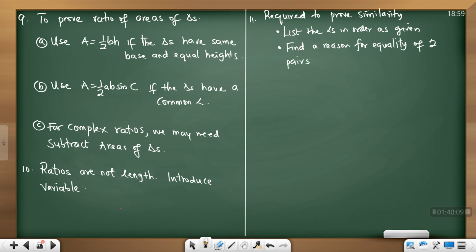I just missed this part. It was supposed to be part number 10. Two pairs of what? Angles. And for the third angle, what do you write? Third angle, right?